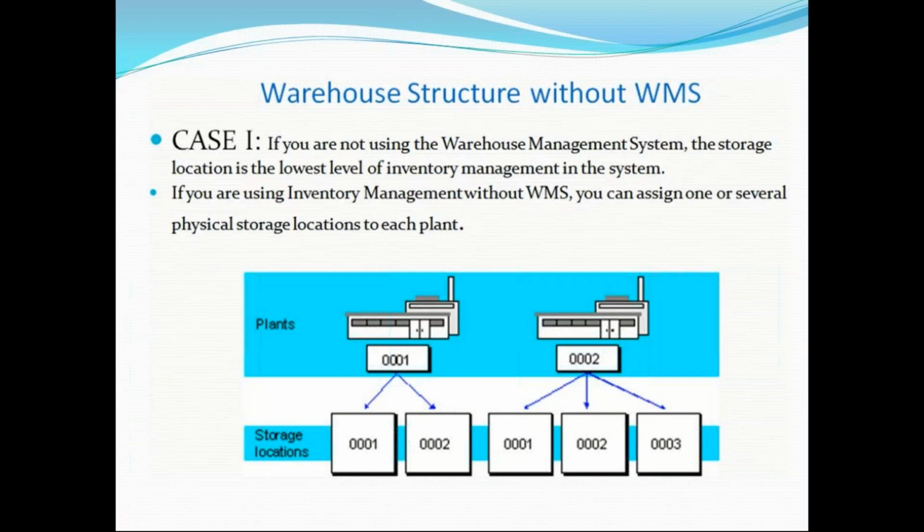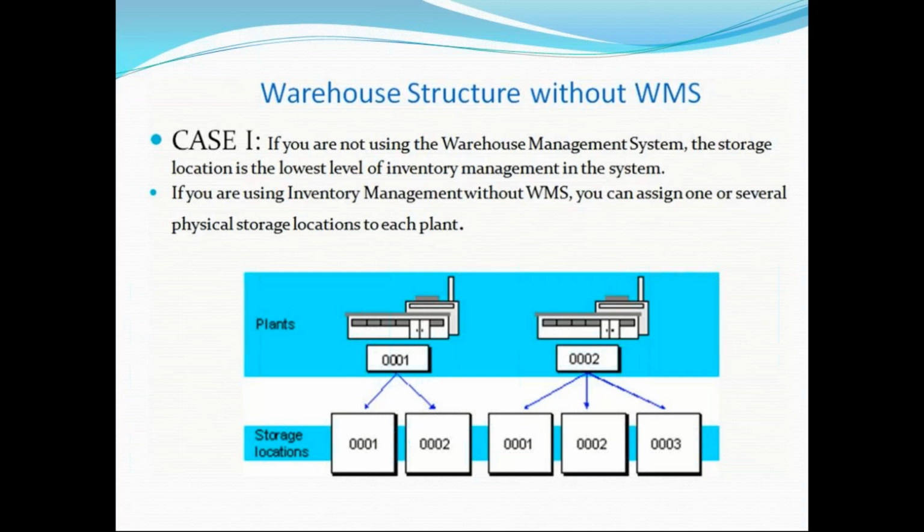This purchase order will come to plant 0001. After seeing the delivery date and everything, plant 0001 will try to get the material from the 0001 or 0002 storage location.